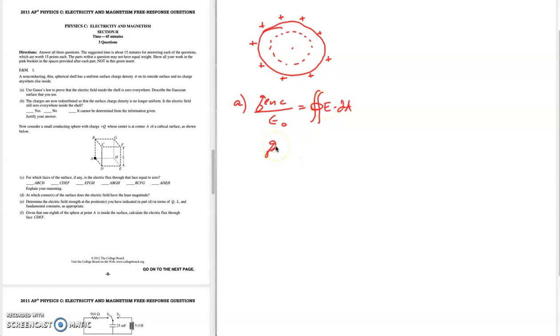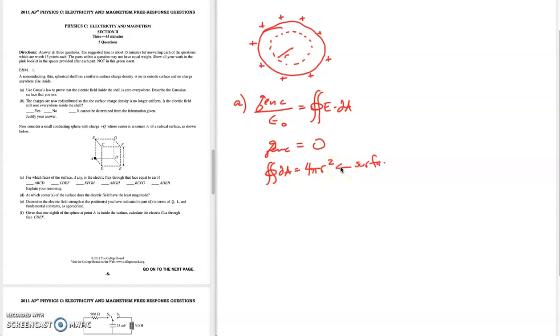So our Q enclosed inside this imaginary surface of radius r is going to be 0, and it needs to be spherical also because the charge has a spherical symmetry.